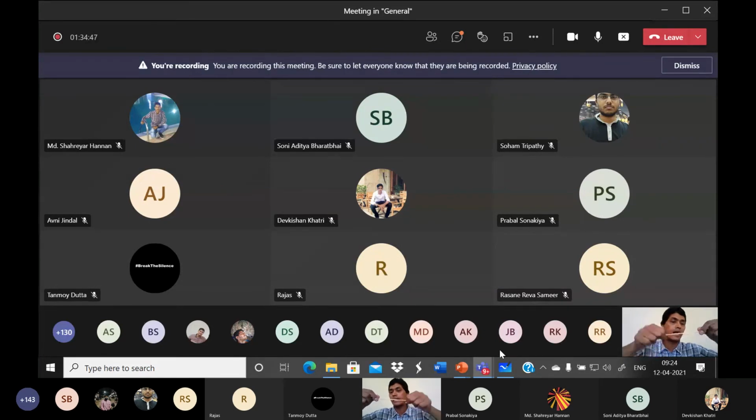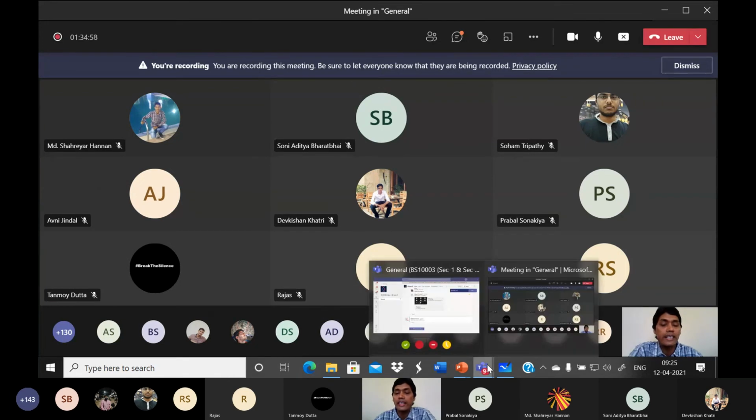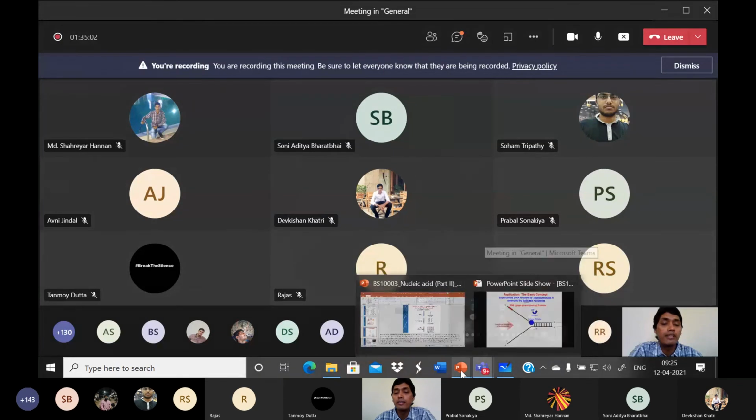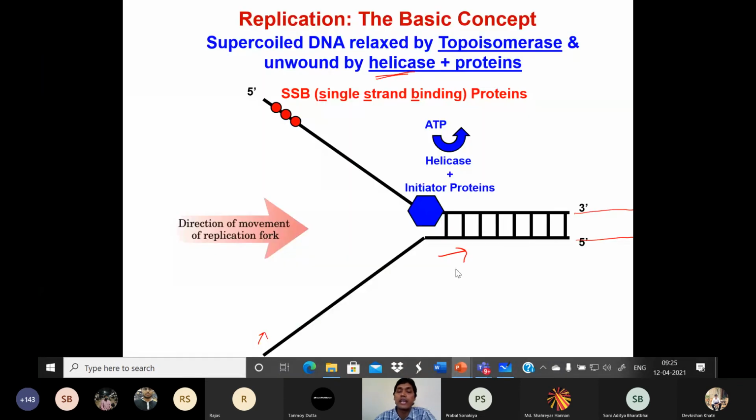So again, it can anneal like this. In order to prevent that, some proteins are present called single strand binding protein, SSB, that actually bind to DNA so that again it cannot form the double stranded structure, so that it is allowing some time for the synthesis of the DNA. Okay, so that's the idea.